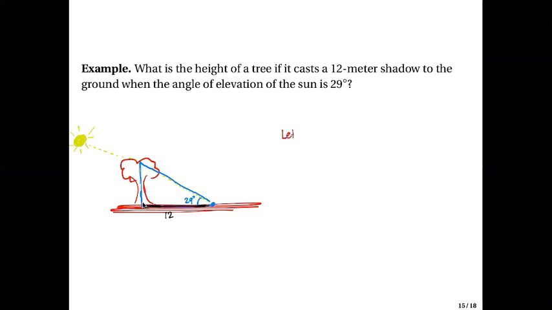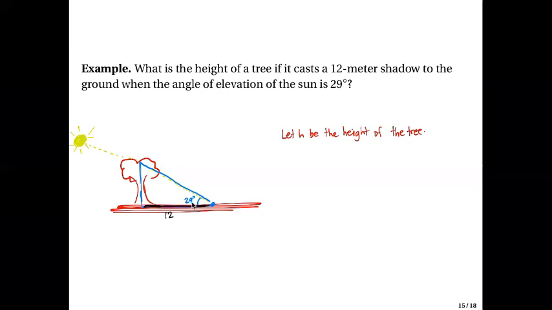Let h be the height of the tree. It's the one we want to know. And you have the shadow, which is 12 meters. Adjacent side, it's the 12 meters. Opposite side, it's your h. Take note that this is the angle of elevation. Okay, that's 29 degrees.